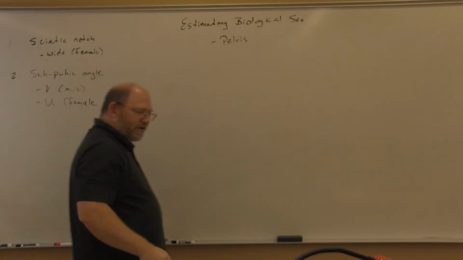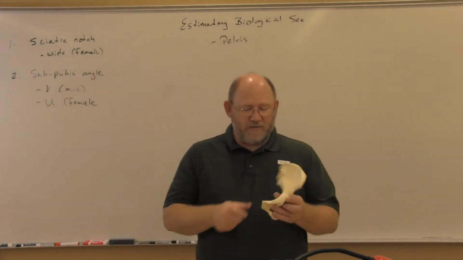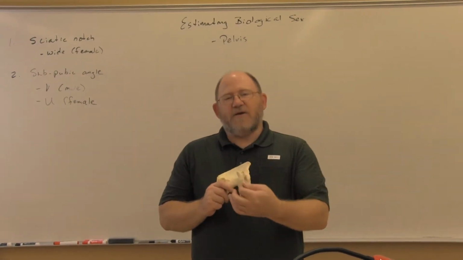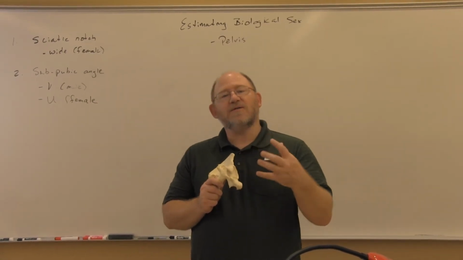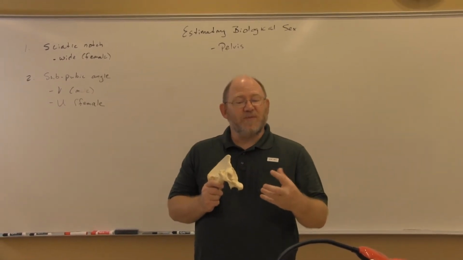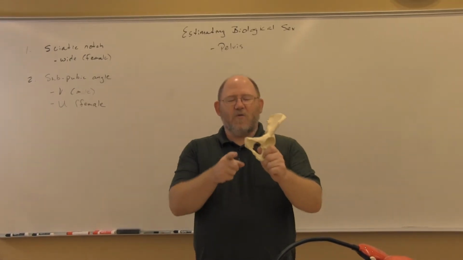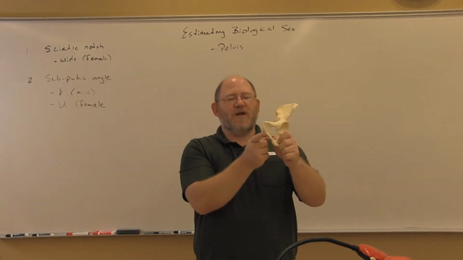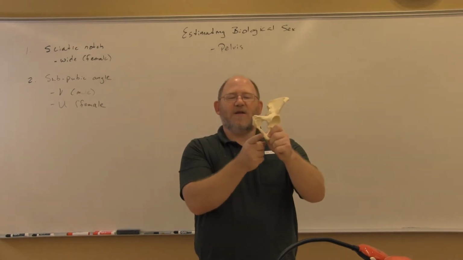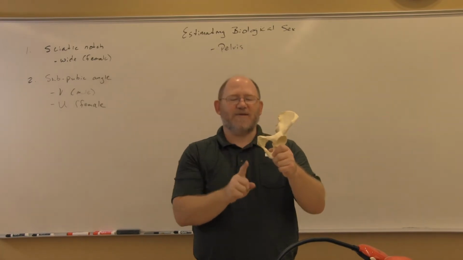Okay, next characteristic to talk about is this thing called the sub-pubic angle. So again, as a reminder, the front bone is the pubic bone, right? Or sometimes called the os pubis. And when we're measuring the sub-pubic angle, what we're measuring is below the pubic symphysis in the front. What is this angle as the ischiopubic ramus recedes?